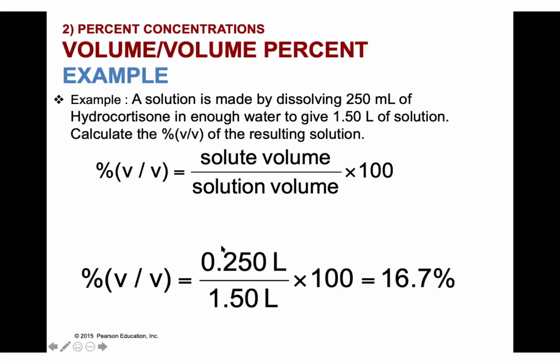The important thing you should pay attention to, guys, is that you should make sure it's the same unit. So I convert either of them, it doesn't matter, to make sure it's the same unit. Here I decide to convert 250 milliliter to liter. I divide it by 1000 and multiply by 100. Make sure, guys, to follow the sig-fig rule in all of the steps of these calculations.